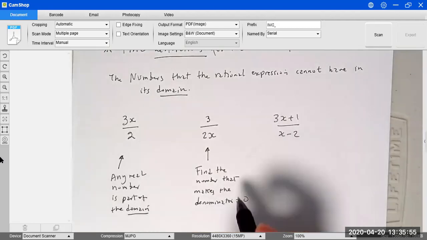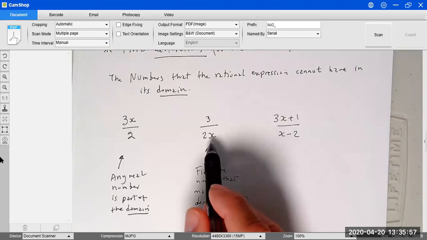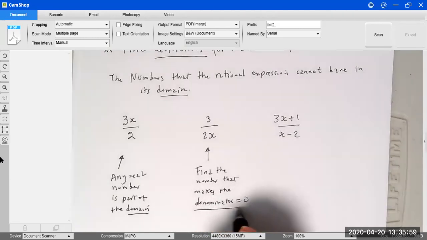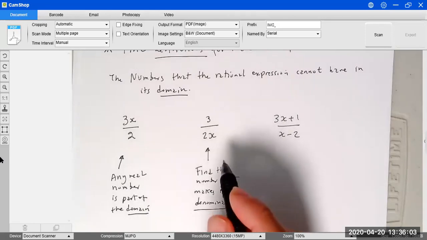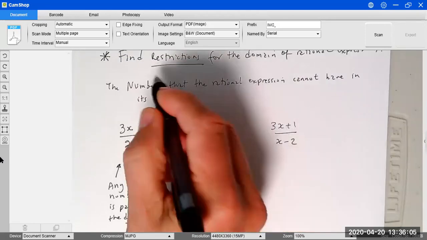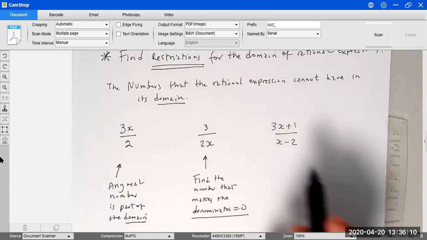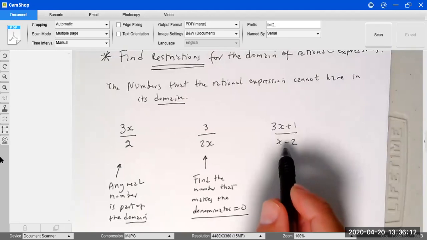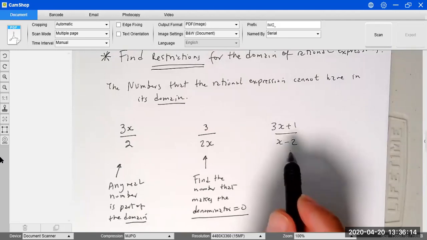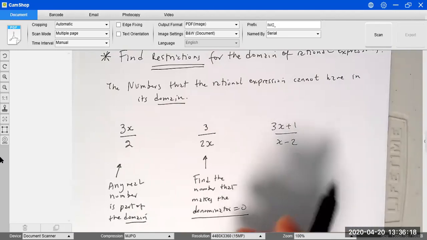So we need to find the numbers that make the denominator equal to 0, and those numbers are going to be the restrictions for the domain. So the restrictions for the domain then are just those numbers that you cannot use, because if you use them, the denominator becomes 0, and then the rational expression is undefined.